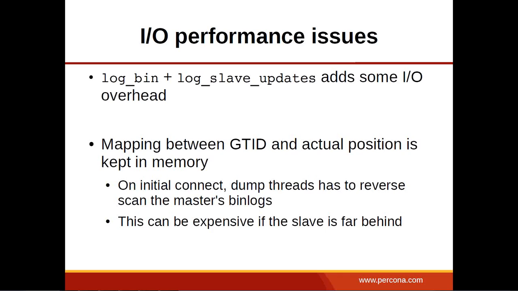So what happens when you restart the server, for instance? You have a GTID, but you don't know in which file to find it. You may have some performance problems, because on the initial connect, the dump thread has to reverse scan the master's binlogs. If, for instance, the slave is far behind in the replication stream, you may have to scan lots of binlogs and do a lot of I/O. This is something to keep in mind.